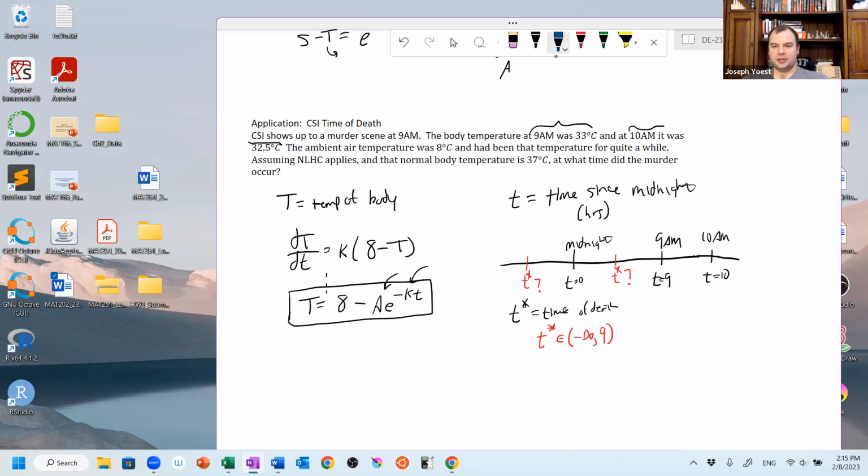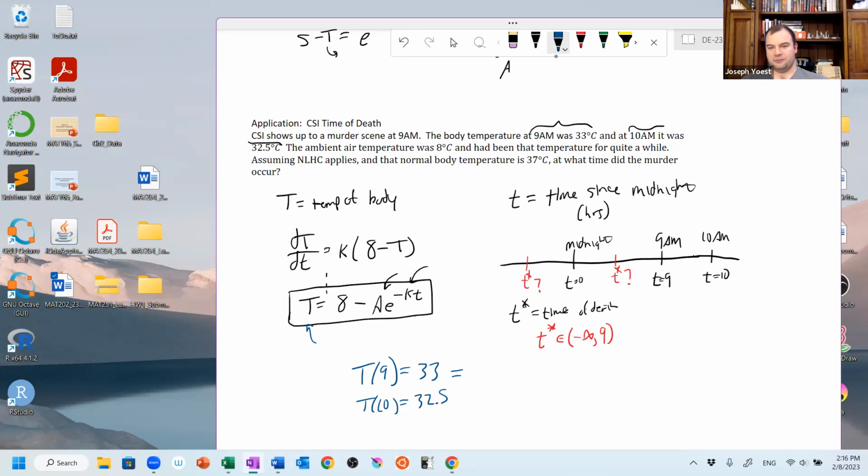I have two constraints now that I can write a little more formally. T of 9 equals 33. T of 10 is 32.5. And T of t is this. So on one hand, I have my constraint equations.